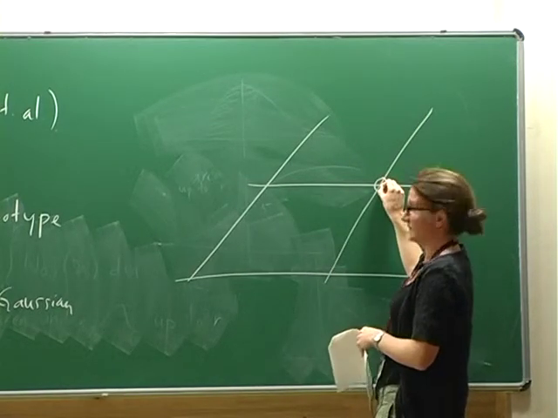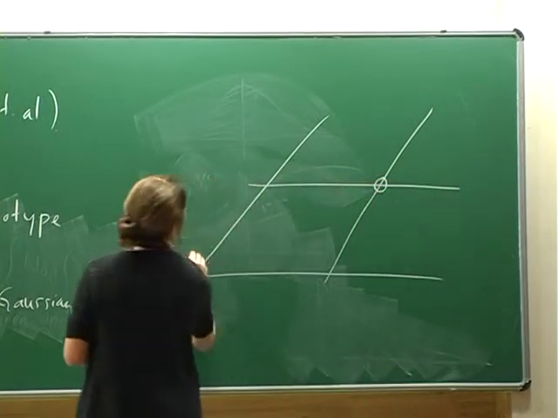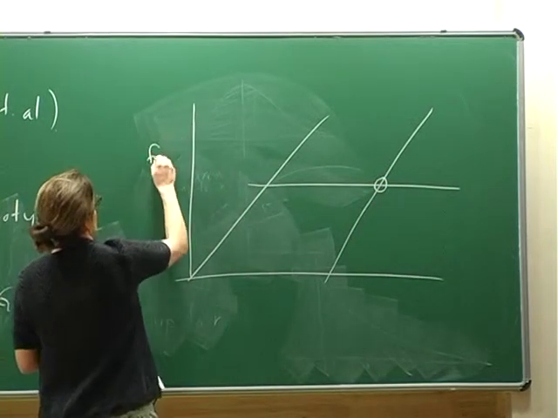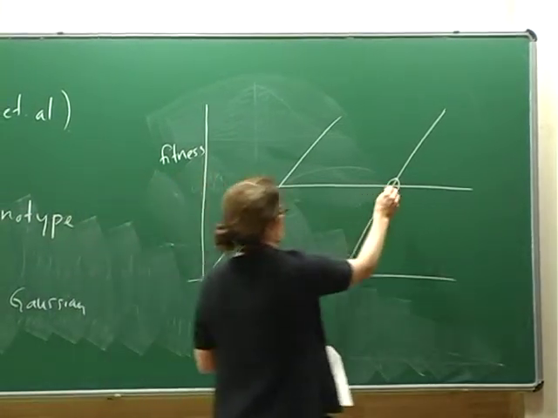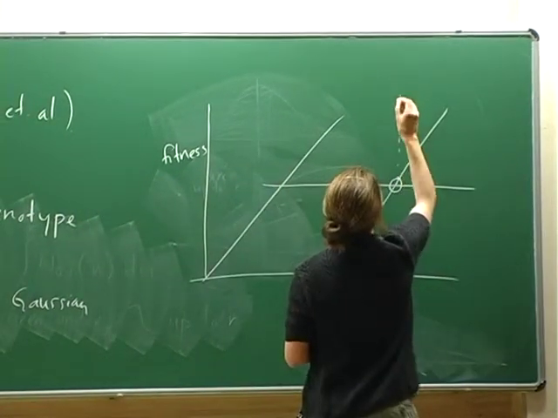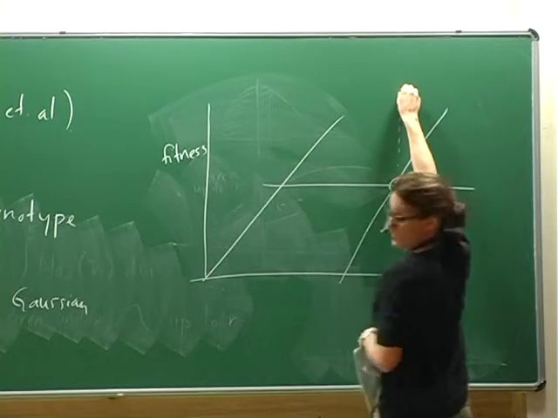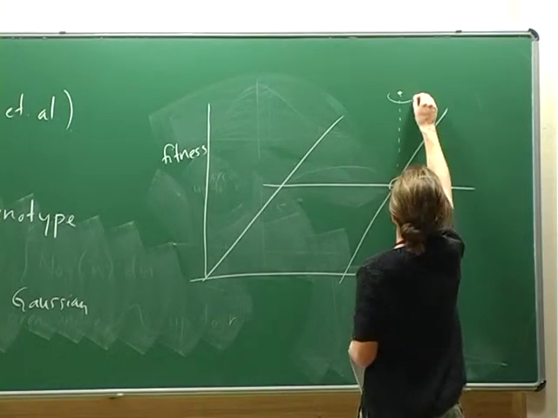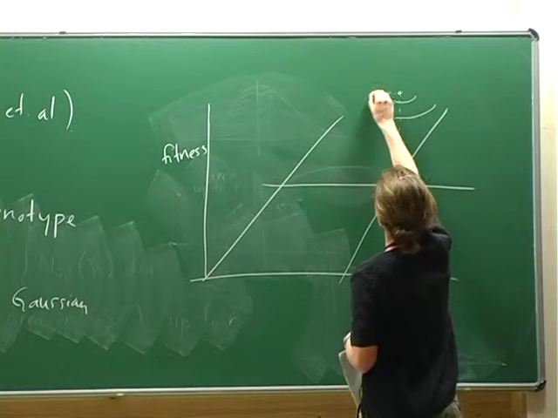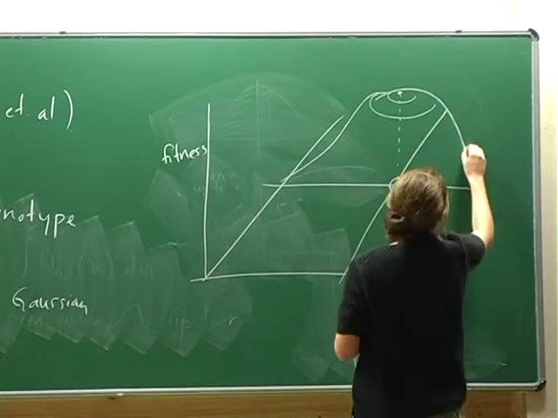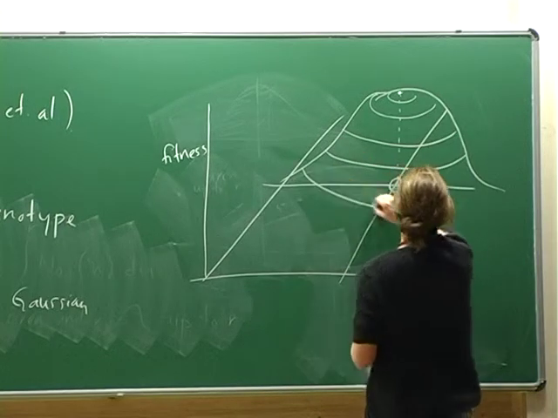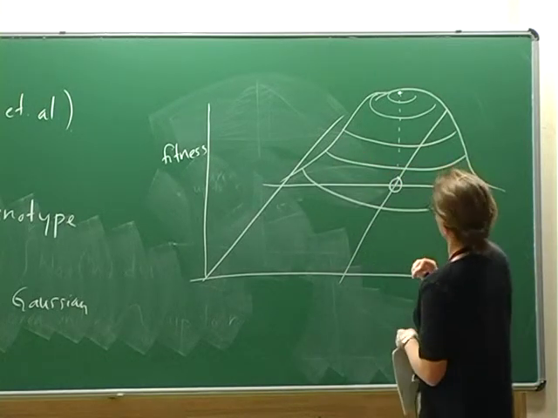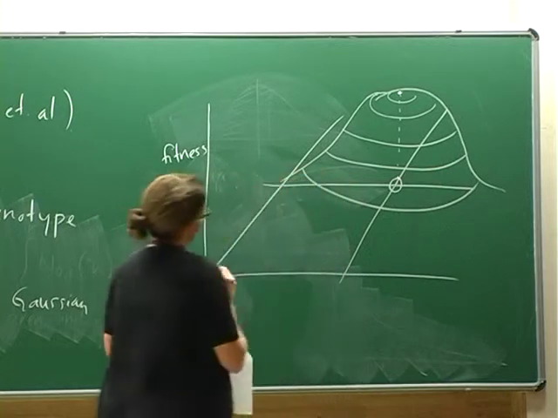There's the origin. And then fitness is going to be vertical. So somewhere above this point is the peak in the fitness. And we've got a Gaussian coming around. That's pretty good.